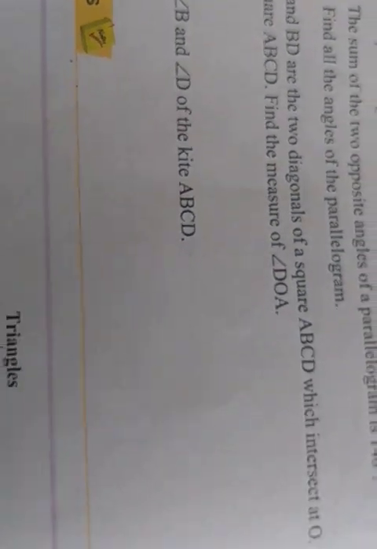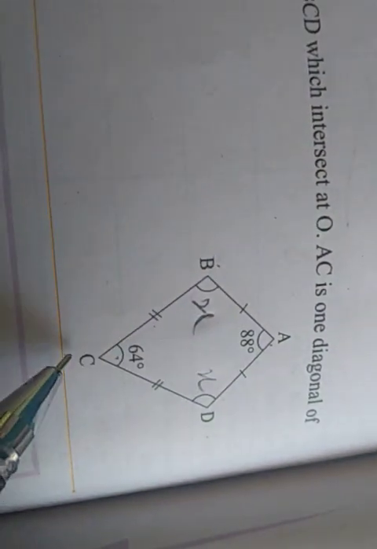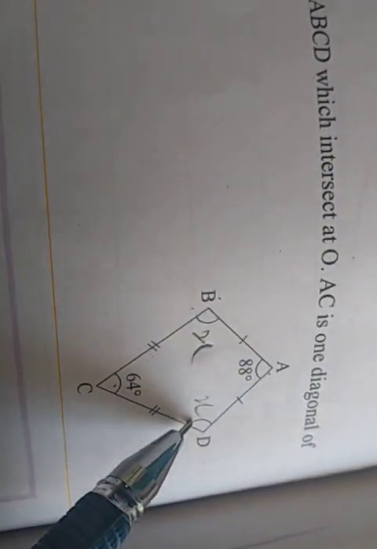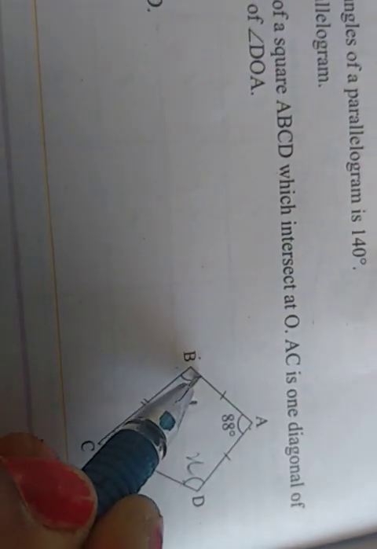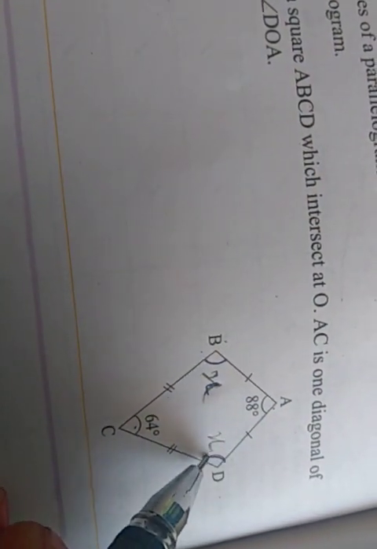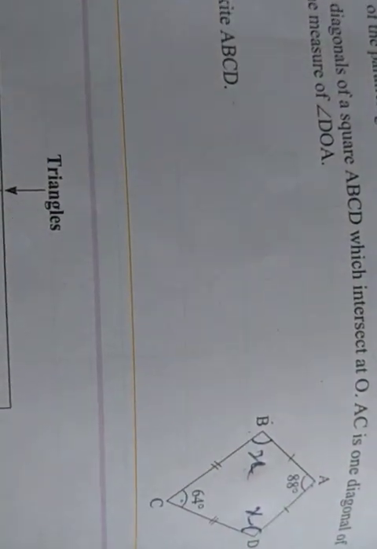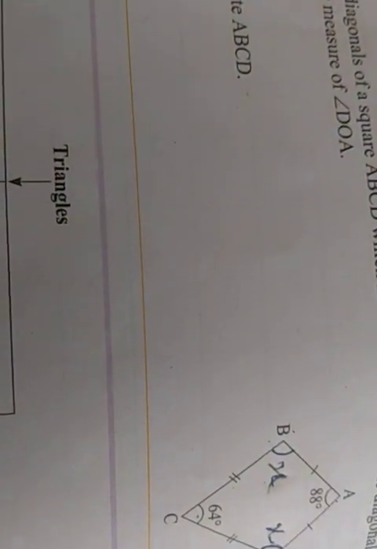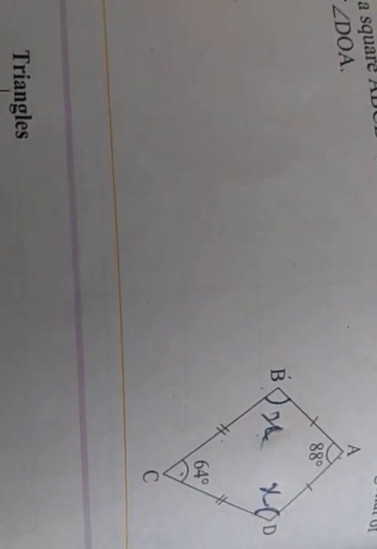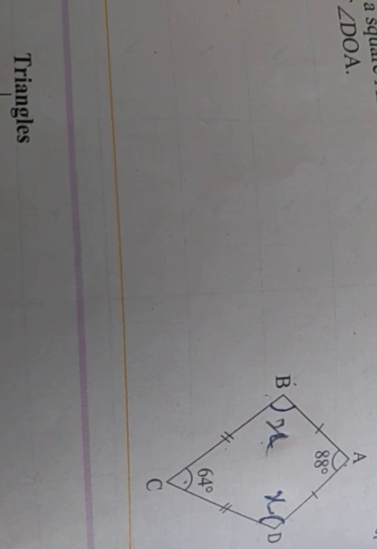As you know, the angles between two unequal sides are equal. So let angle B be X and angle D be X, because we know that the angles between unequal sides of a kite are equal.